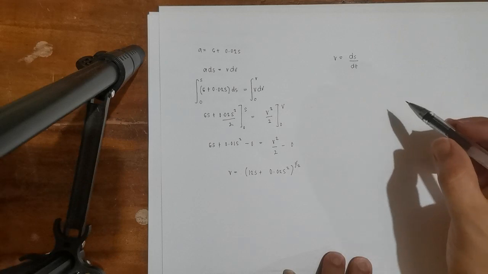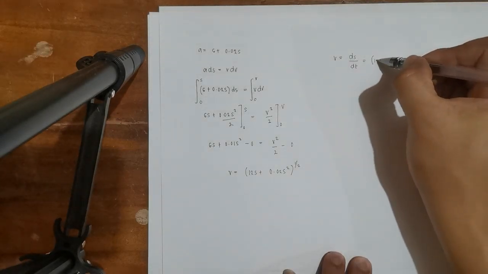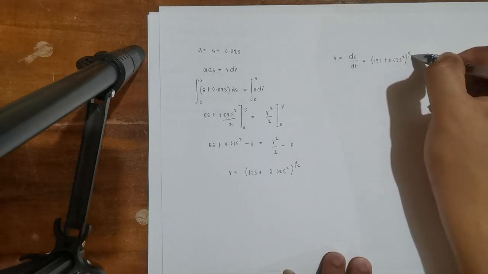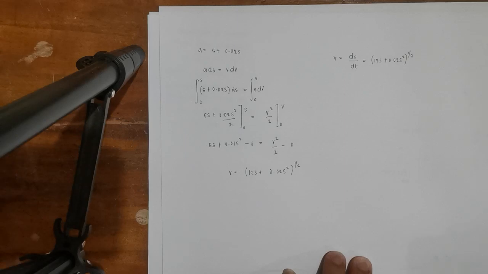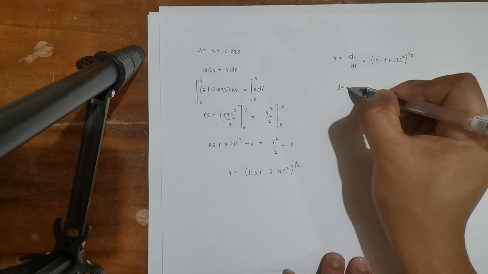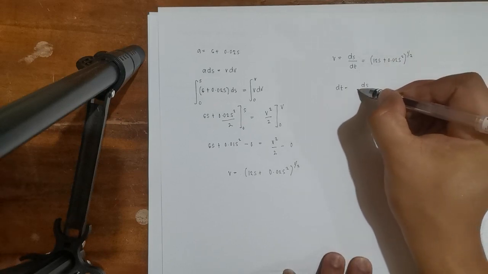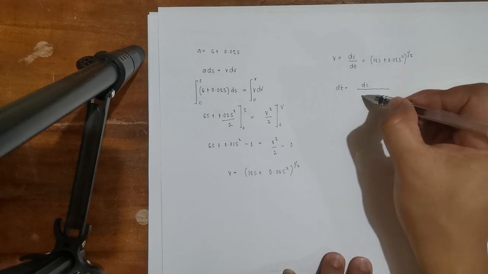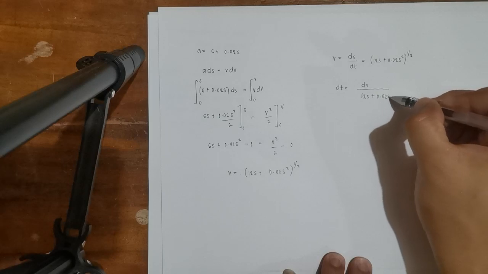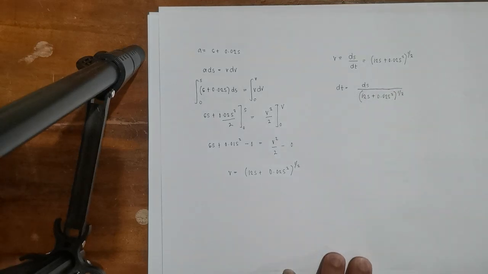So by cross multiplication, but yung velocity, substitute na natin dito, 12s plus 0.02 s squared raised to 1/2. So by cross multiplication, you can say that dt is equivalent to, ulit lang sila, ds over 12s plus 0.02 s squared raised to 1/2.